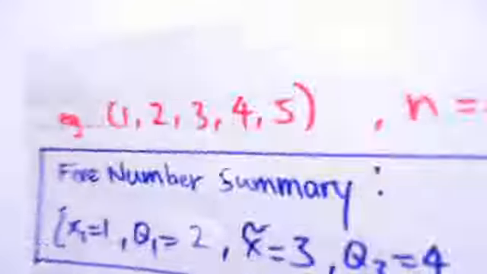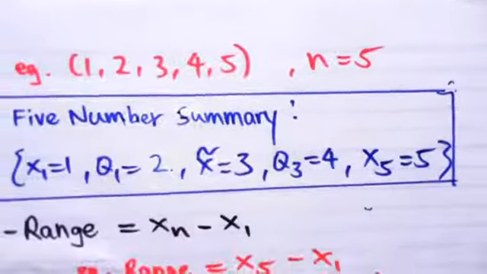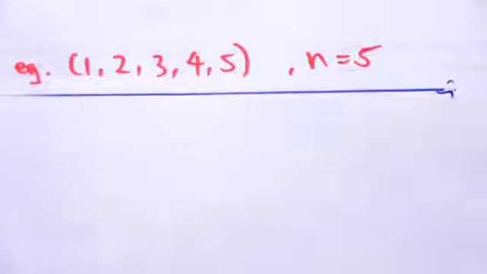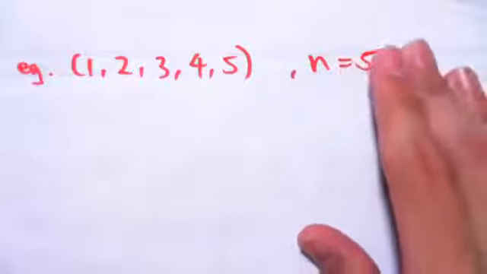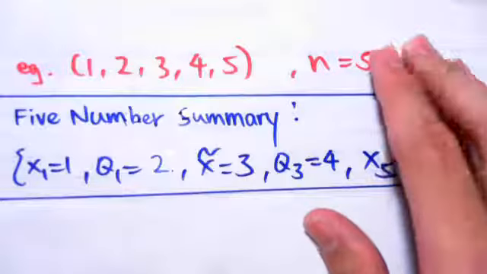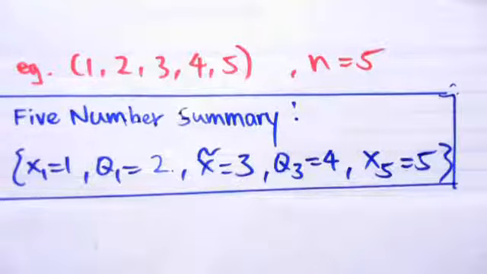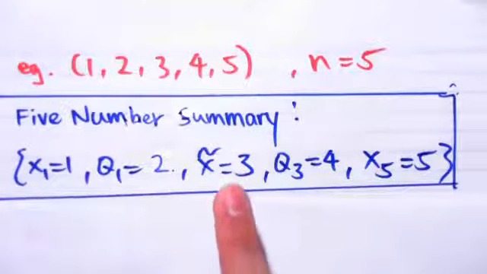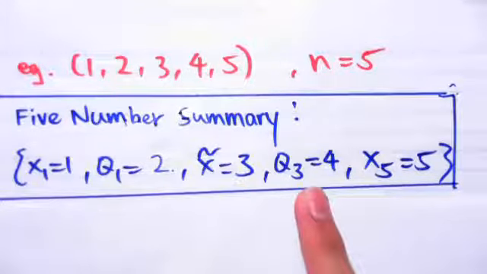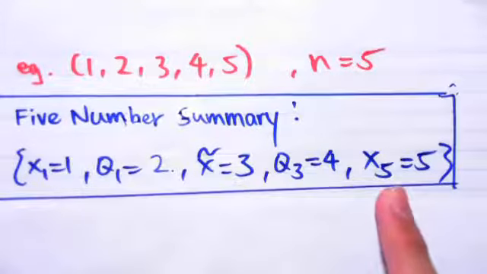So, with 1, 2, 3, 4, 5 as our sample set, we can give a 5-number summary as calculated before: minimum is equal to 1, lower quartile is equal to 2, median is equal to 3, upper quartile is equal to 4, maximum is 5.